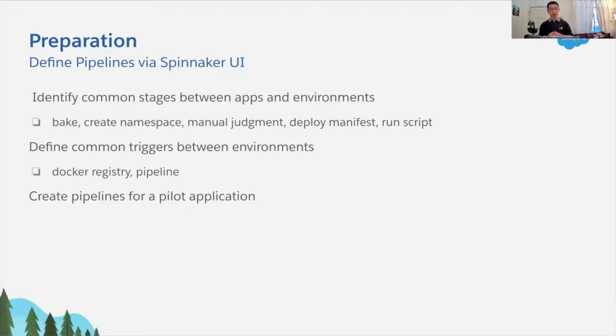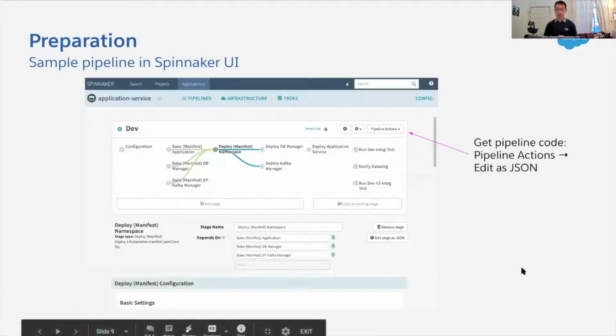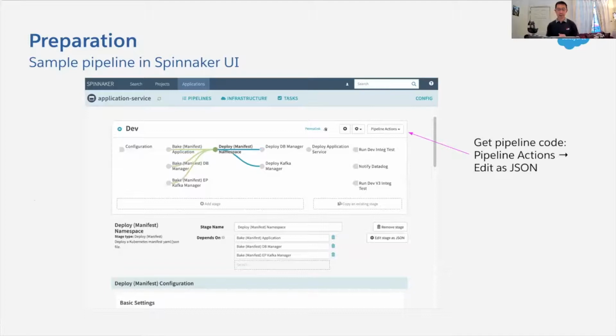After the first two steps, we can go ahead and create pipelines for a pilot application. This is a sample pipeline for a sample application. In this case, it's an LDAP pipeline. So we have a configuration baking, namespace, and the application deployment.